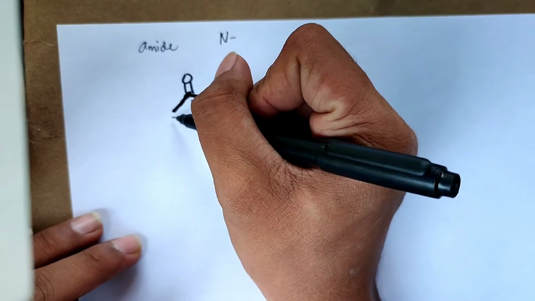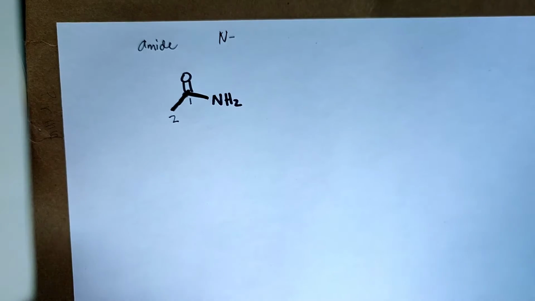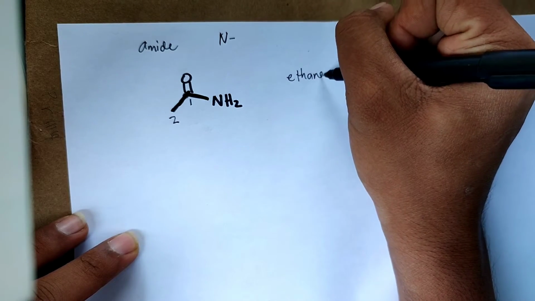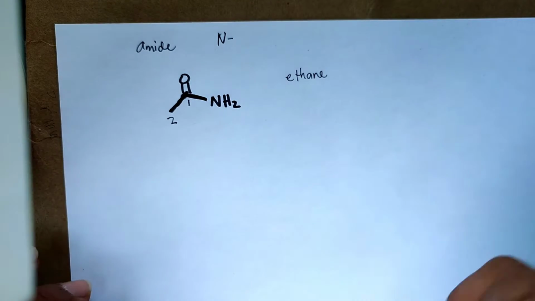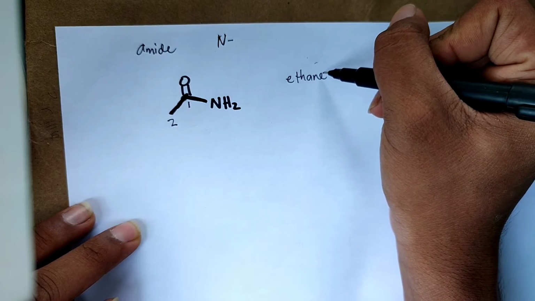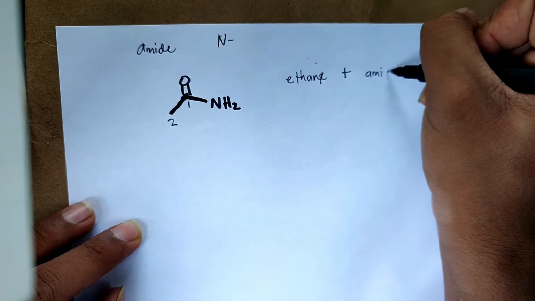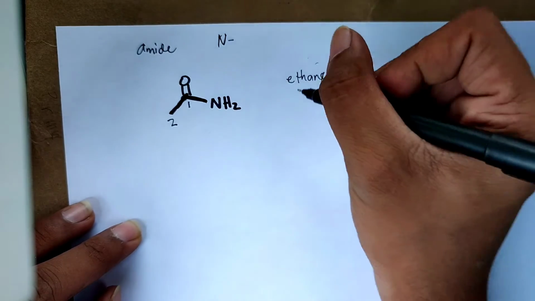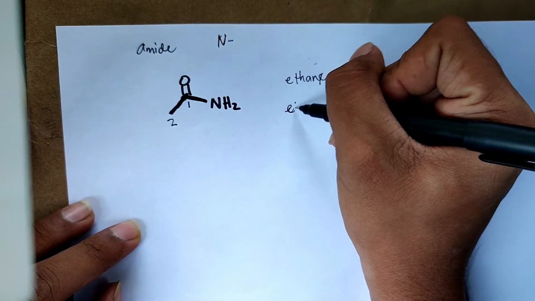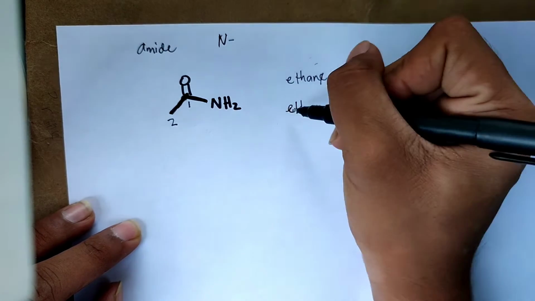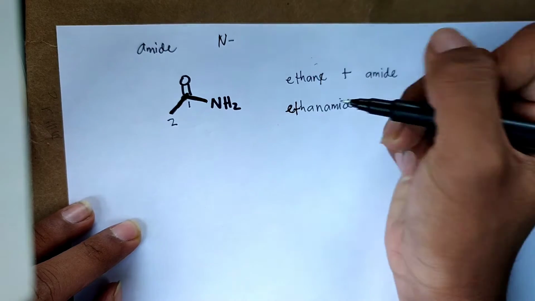First, let us count the number of carbons, which is 1 and 2. The two carbons are associated with the name ethane. But in naming amide, we take the E and add the word amide at the end. So it becomes ethanamide. Ethanamide.